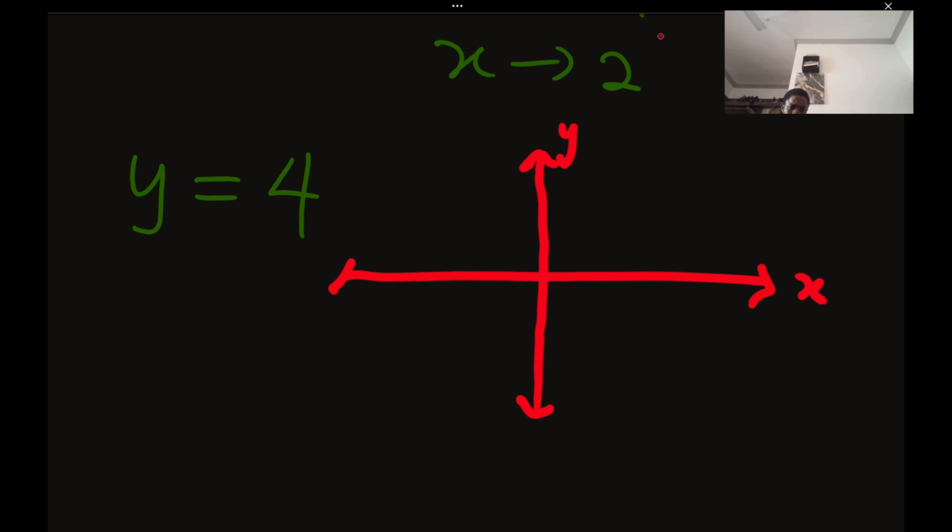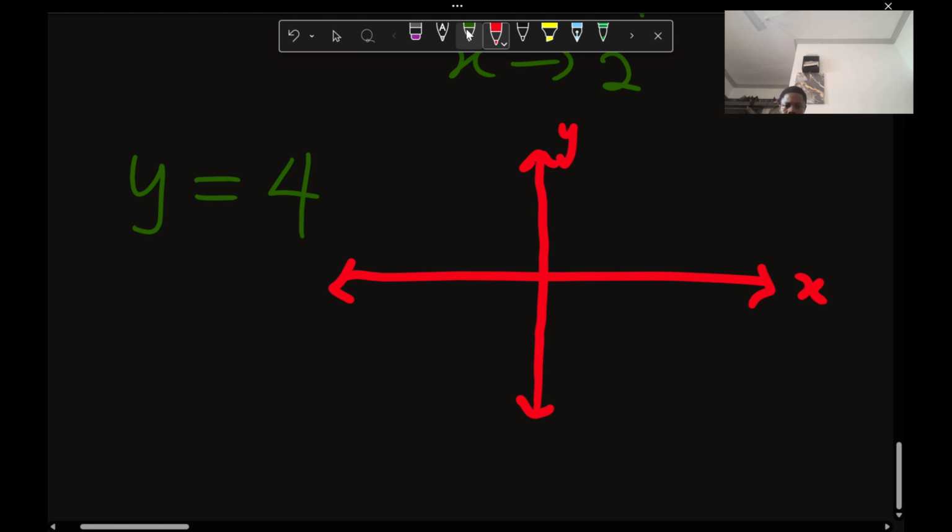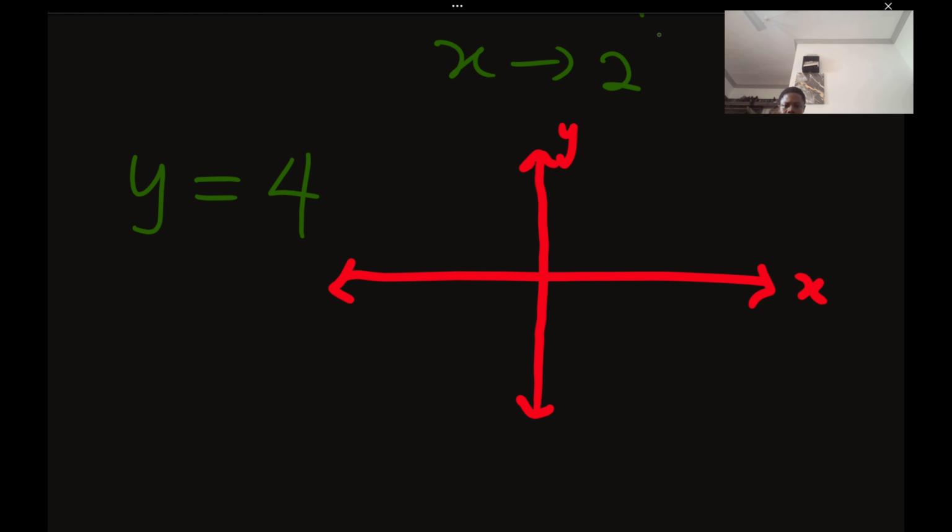All right. Now let us draw the graph of the function y is equal to 4. So it means we are to indicate y as 4 on its axis where x is equal to 0.